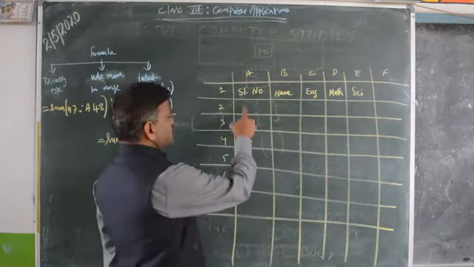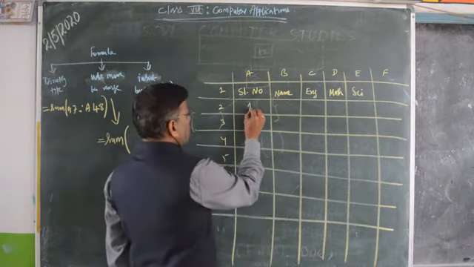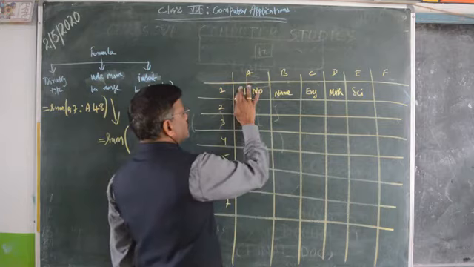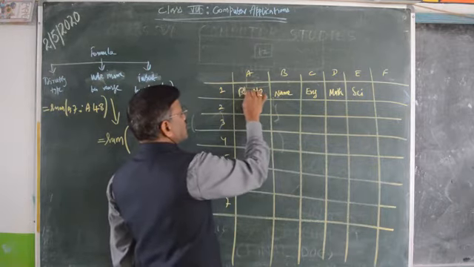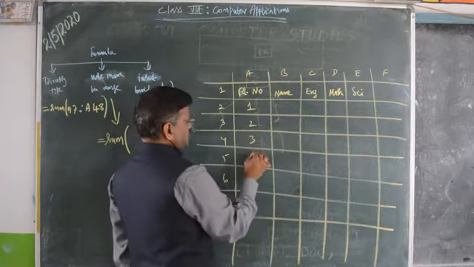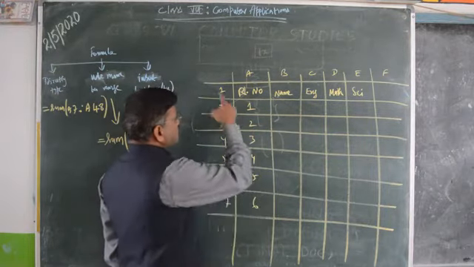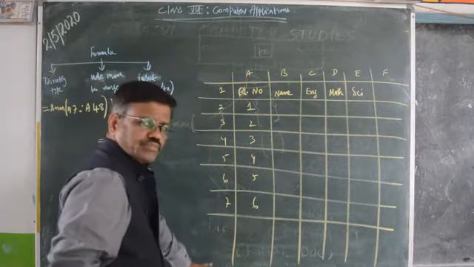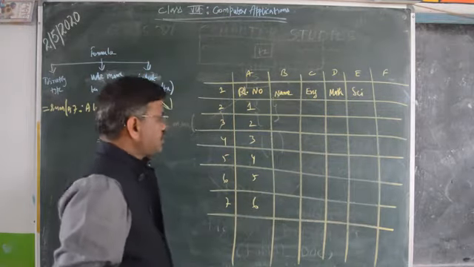What I want to do is serial number, let's say 1, 2, or let's say roll number. Please do not get confused on this and this. This is built in.